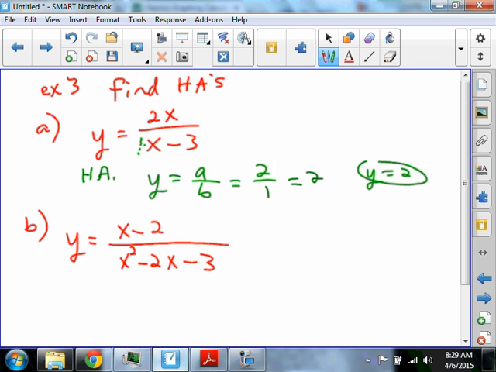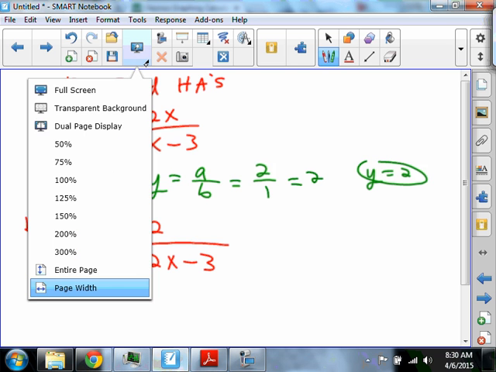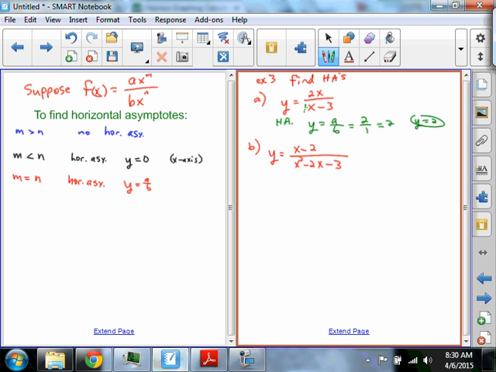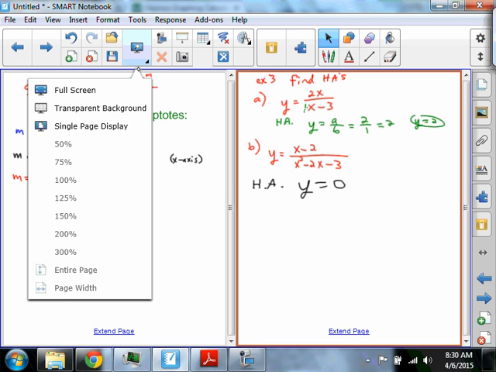So in this instance, the denominator is greater, so the horizontal asymptote here is going to be when y equals 0. It's the instance where m is less than n according to our claim here.